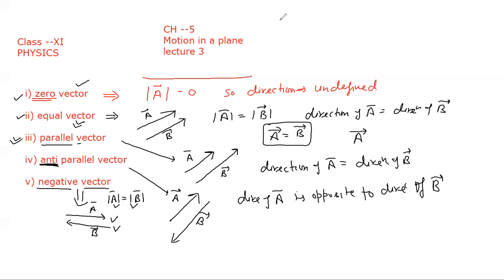For an example, if we draw this diagram, vector A is in this direction, vector B is in this direction, vector C is in this direction, and vector D is in this direction.